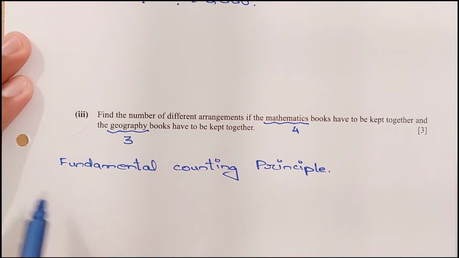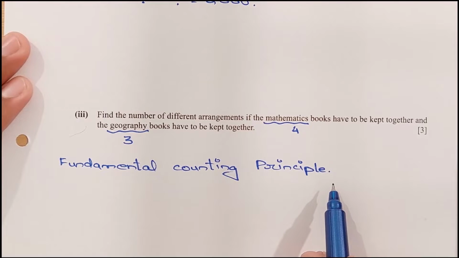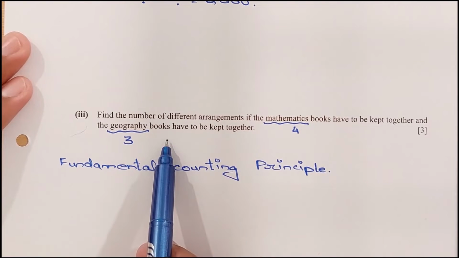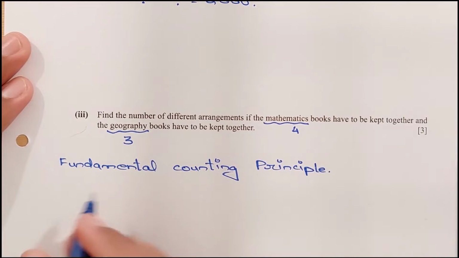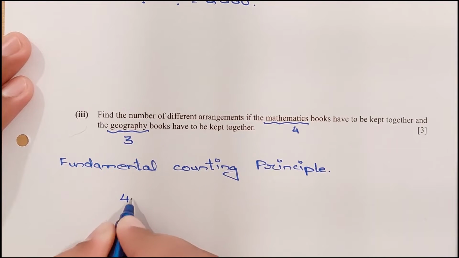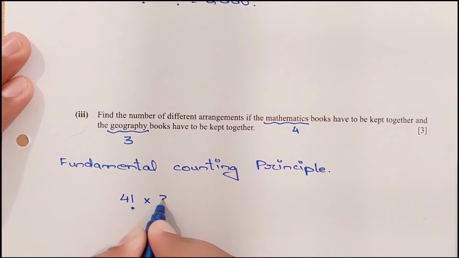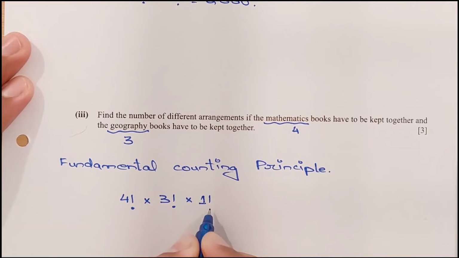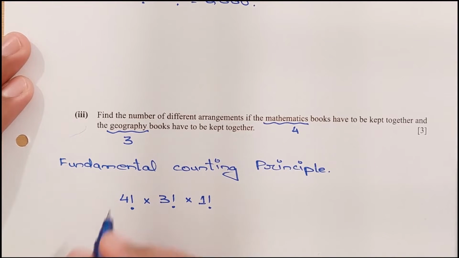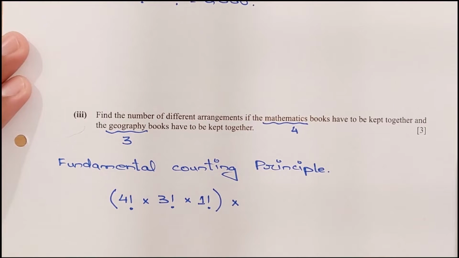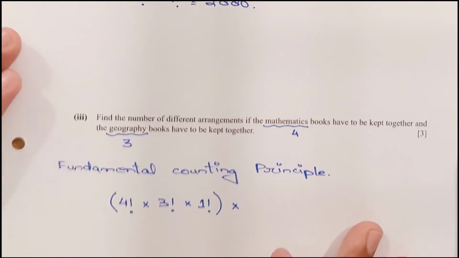The fundamental counting principle says when the math books are kept together, the geography books are kept together, and there is only 1 French book, there are 4 factorial ways to keep the math books together, times 3 factorial ways for the geography books, and 1 factorial way for the French book. We multiply it by the number of different orders of the groups of books.